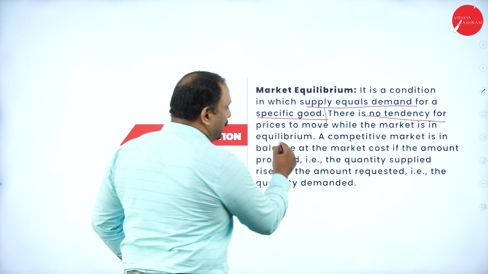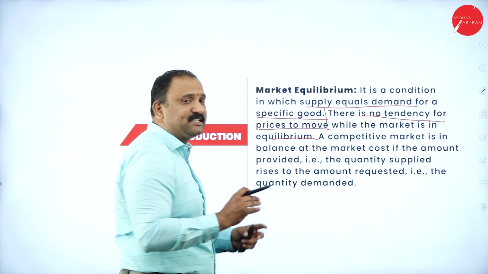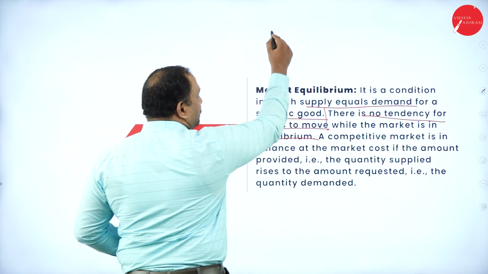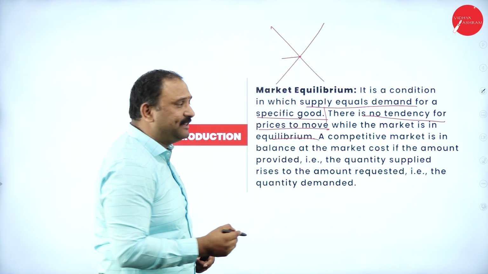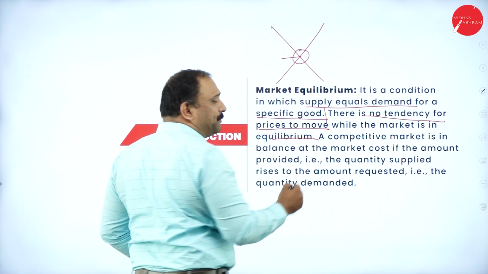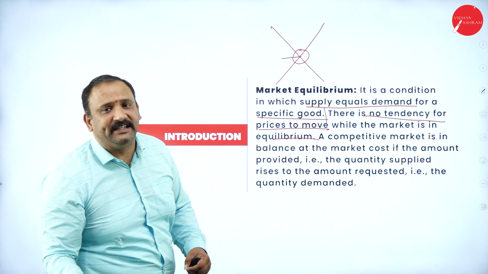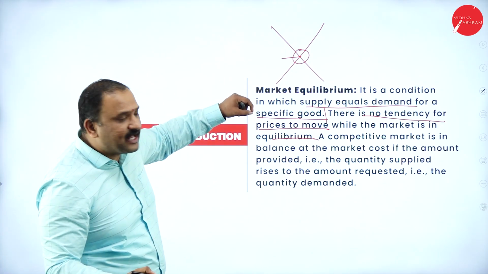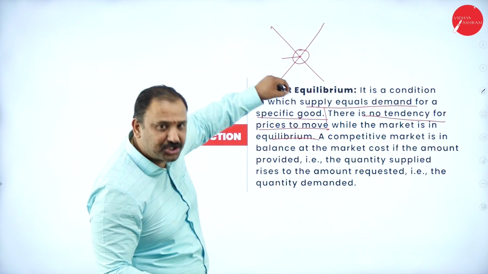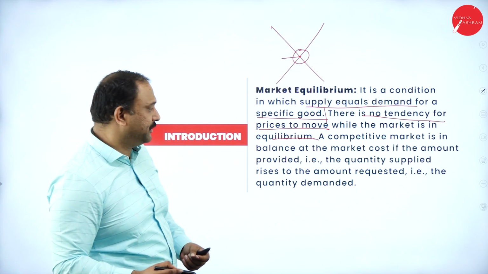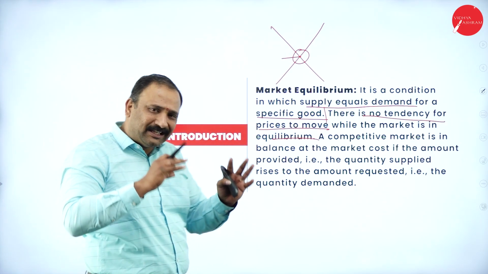This is very important for us. Prices will not move once the supply and the demand are met at a particular point. At that point, neither the price rises nor does it decrease. So the price becomes stagnant here, and we attain a position called price equilibrium.